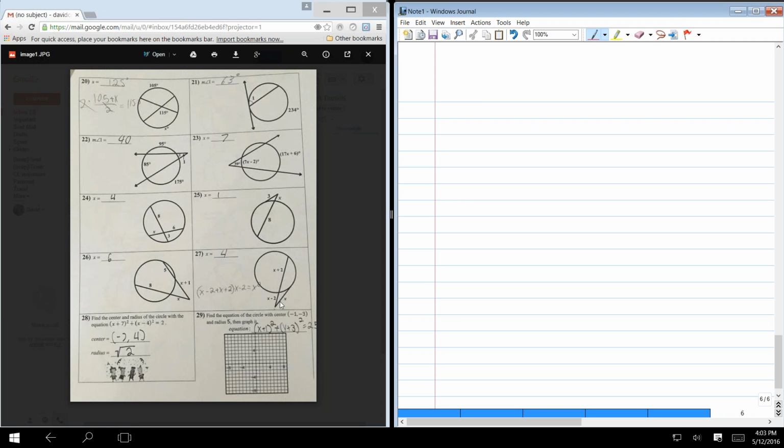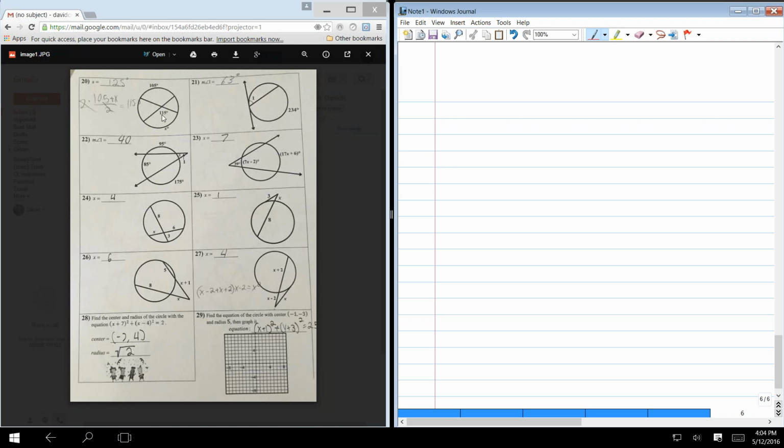Every theorem I know where they intersect outside the circle, you take the difference of the arcs. And every theorem that I know where you're inside the circle, you either take the sum or multiply the segments.